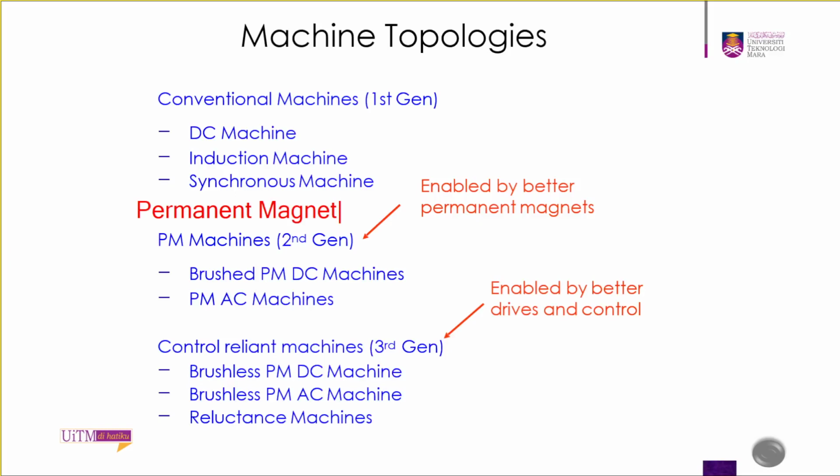And in terms of control, this machine is heavily dependent on the control of the drive itself, and that's why we have this third generation, because of the power electronic control and the control technologies that come into the electrical machine and drive, right?